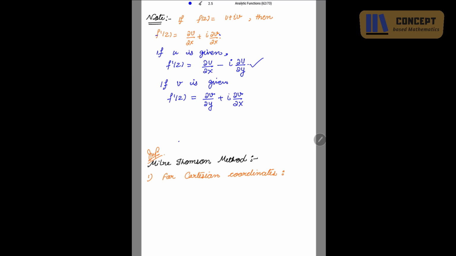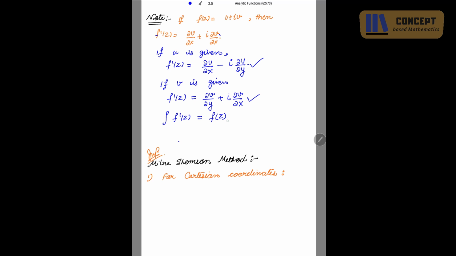So if v is given, I should use this equation to find f dash z. Now if I integrate this f dash z, then I will get the required analytic function f of z. So here there is no need of finding that harmonic conjugate v. We just use the CR equation over this formula and get our value for f of z.